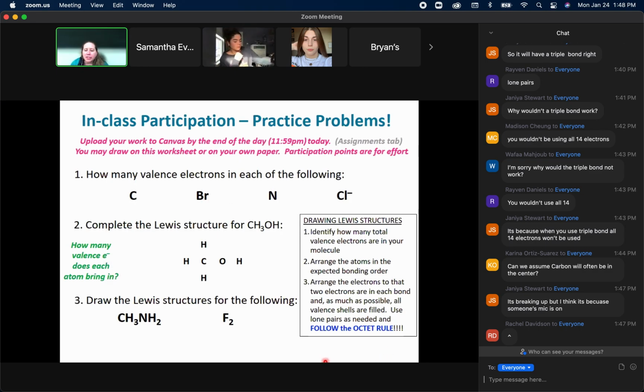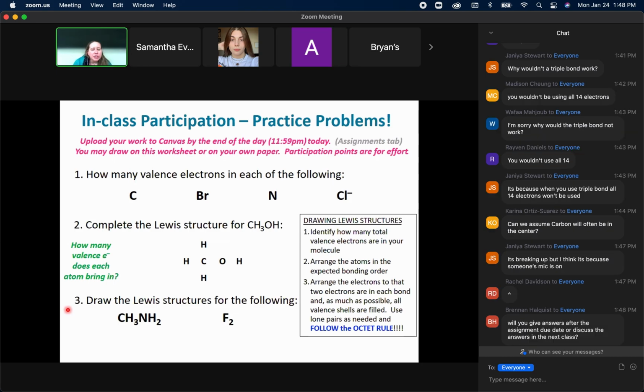Can you make sure your microphones are muted, unless you have a question? I have a question on the assignment. Yeah, go ahead. I loaded Canvas right now to see the assignment, and you said it was live at 1 o'clock, but I can't find it. Check under the assignments tab. Do you see it there?